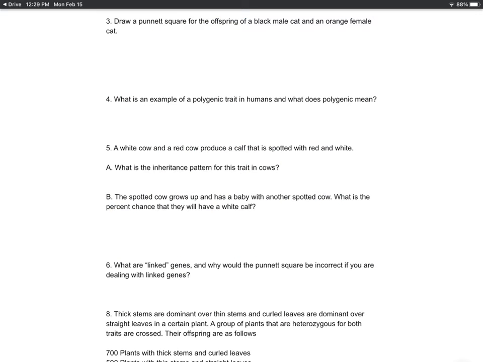Right, next we have the cat fur genetics, and so that is a combination of codominant and sex linked. The cat fur colors are on the X chromosome. So the male black cat would be XBY, and the orange female cat would be XOXO. So if we do our square, sorry, that's a pretty ugly square.